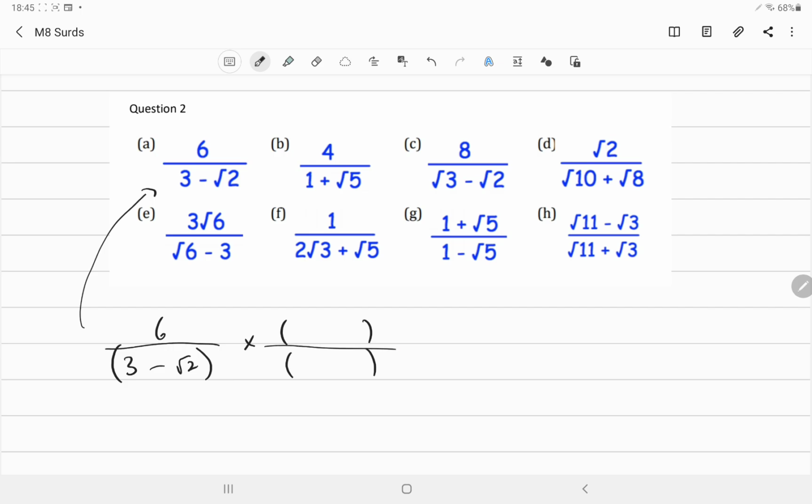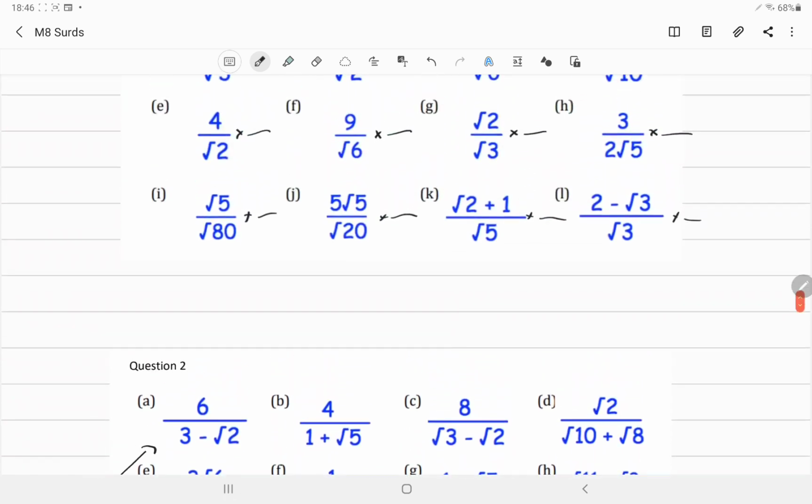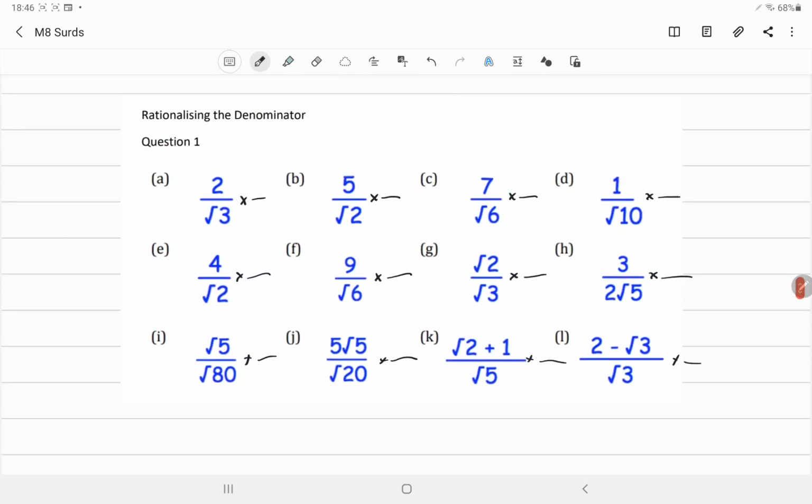Now it's not going to be the same bracket, but it's going to be something similar. So if you think you know how to do those, you can try them, but like I said, I'll do them in the next lesson. The priority is just to get these few questions done, and we'll take it from there.